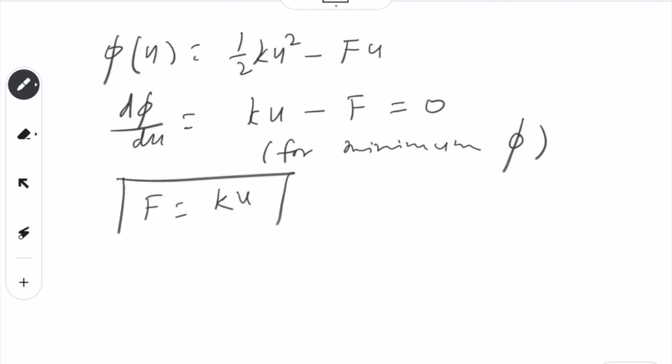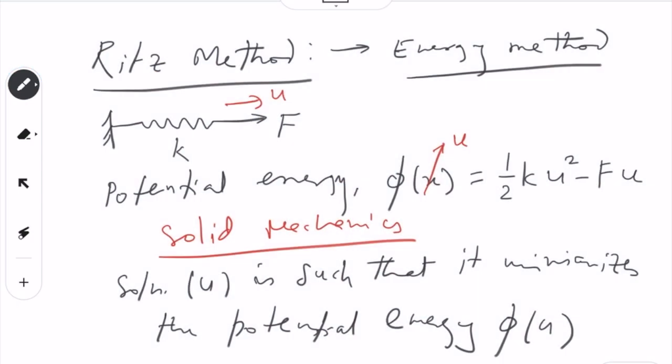This was just an example so that we can take it to the full problem.